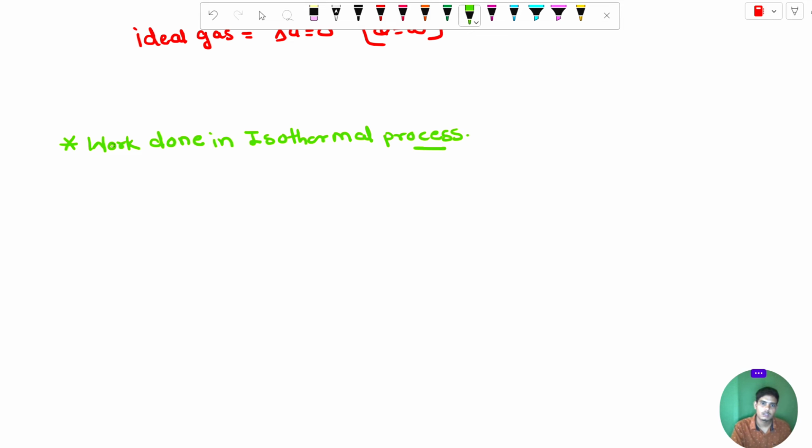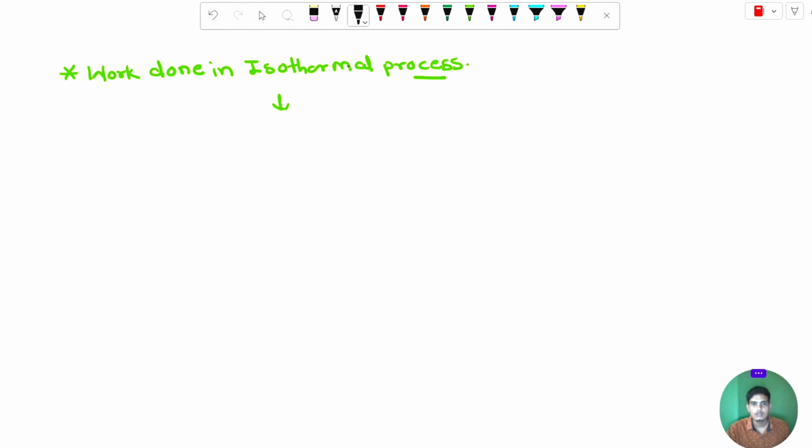There is an expression for finding the work done in any isothermal process.